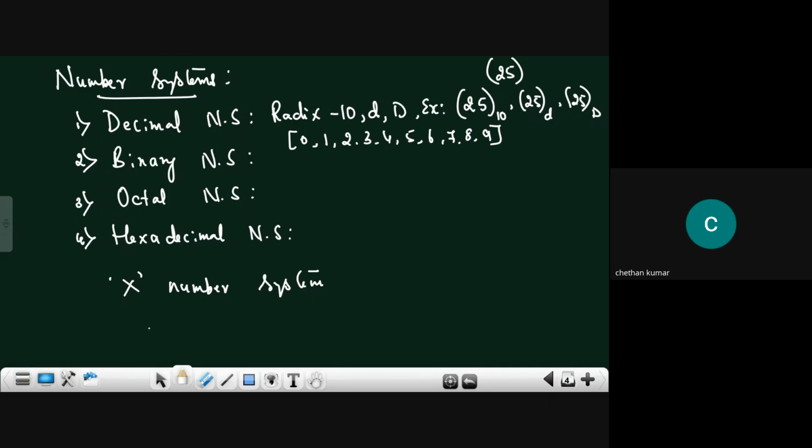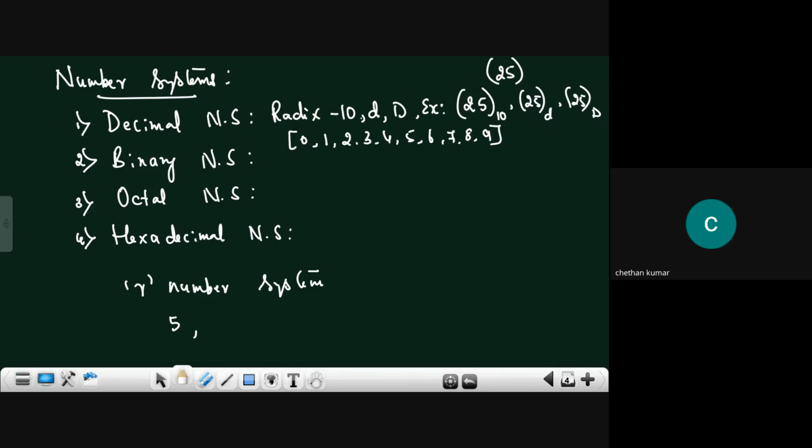Let's say X is equal to 5. So what are the digits of this number system? Here X means X number system. Or if you are not able to understand X, I can simply write R number system. R means base, the radix of the number system.